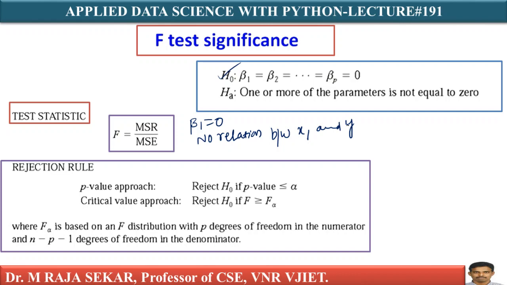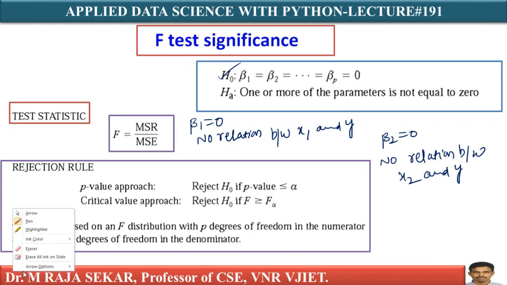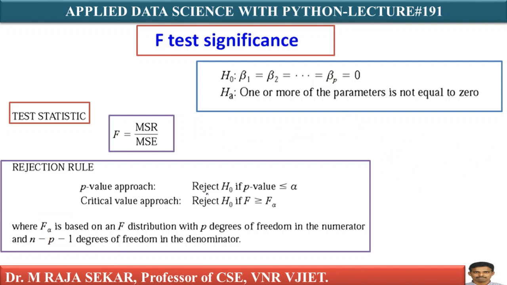What is my y? Y is the dependent variable. If I accept beta 2 equal to 0, what does it mean? There is no relationship between x2 and y, the dependent variable. Obviously, the alternate hypothesis is that one or more parameters is not equal to 0.